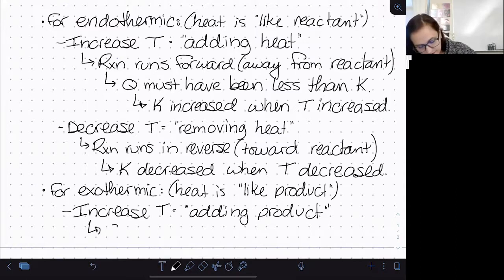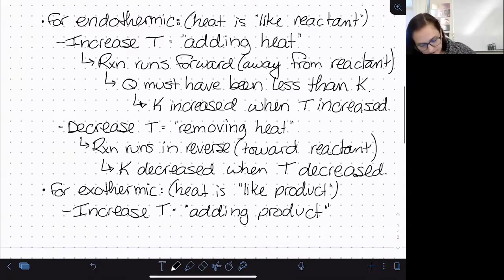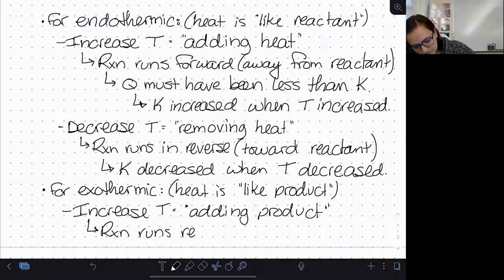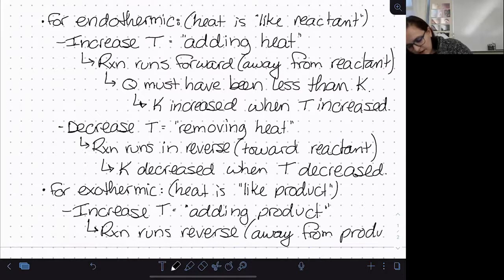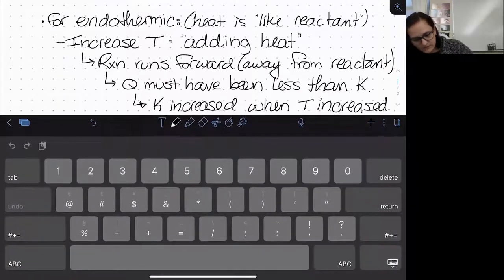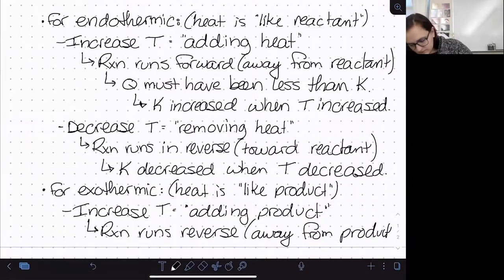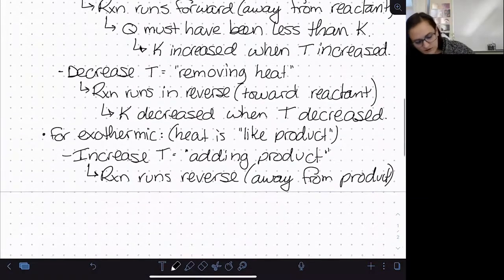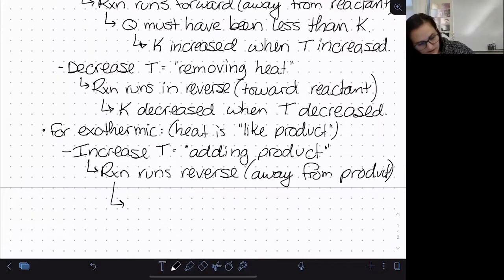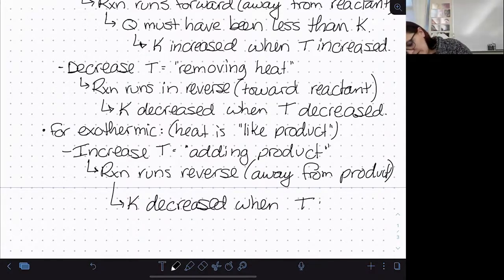So that means our reaction is going to run in reverse, away from the product side, to take away that extra heat that we added. Which means that K must have decreased when the temperature was increased.